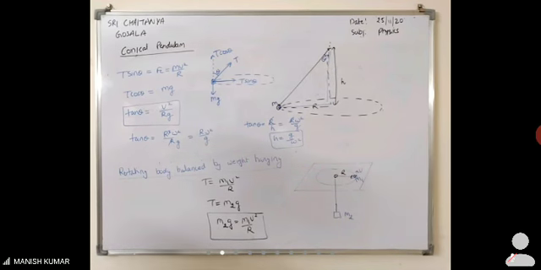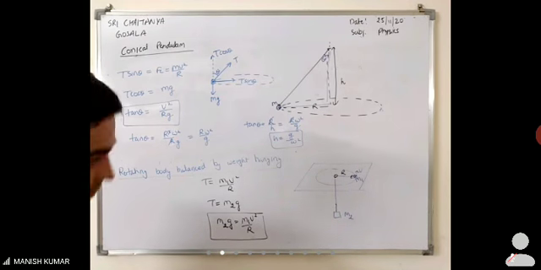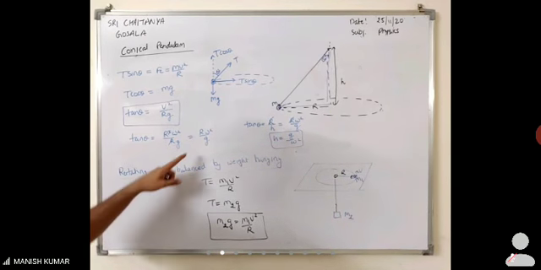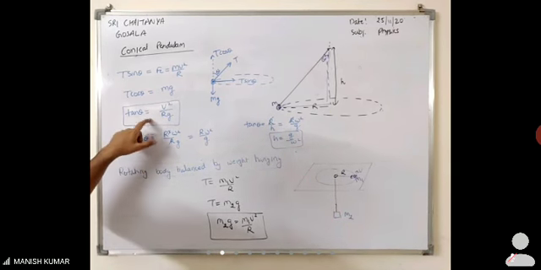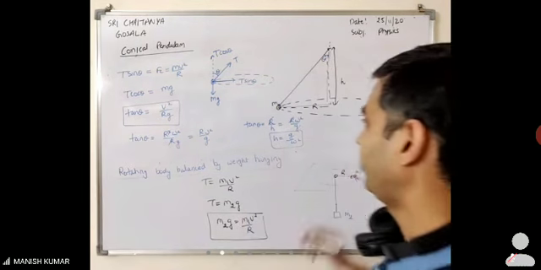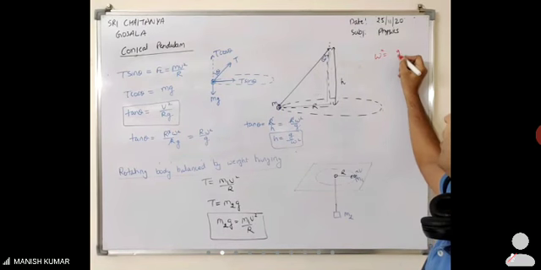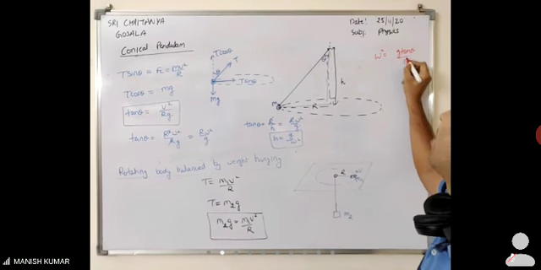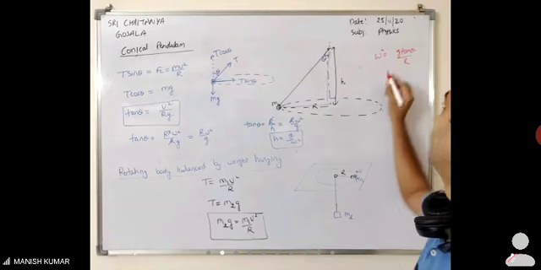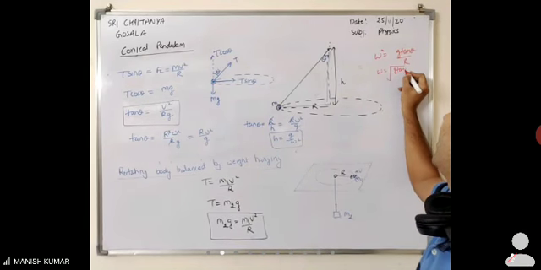You can simplify this formula more. For example, we have calculated tan theta is equal to this. So we can say omega square is nothing but g tan theta upon r. Omega is nothing but root of g tan theta upon r.